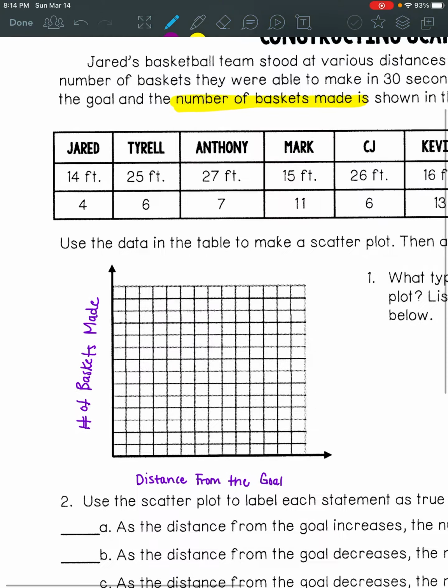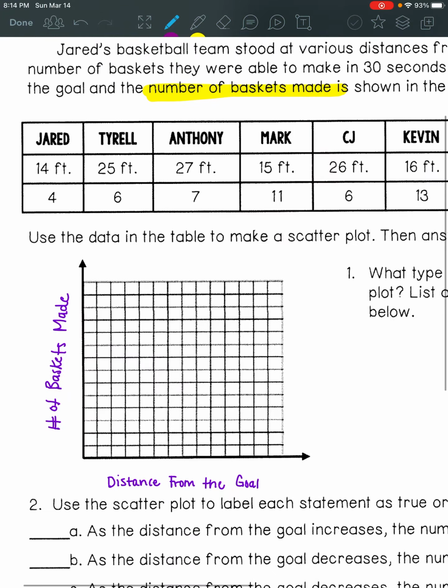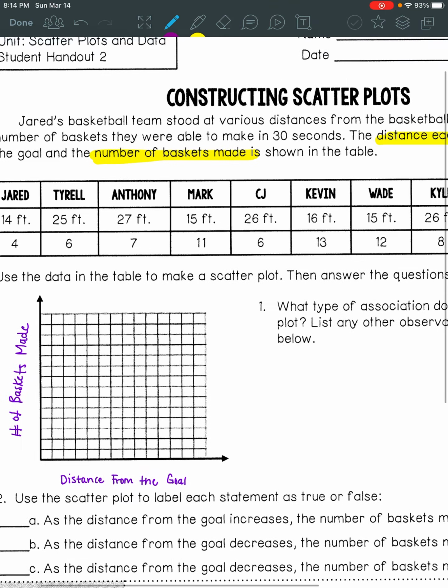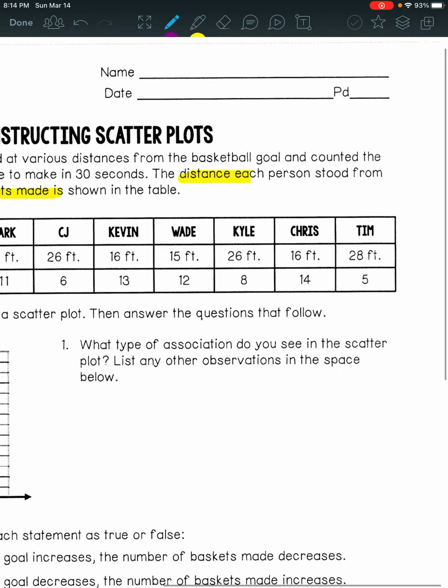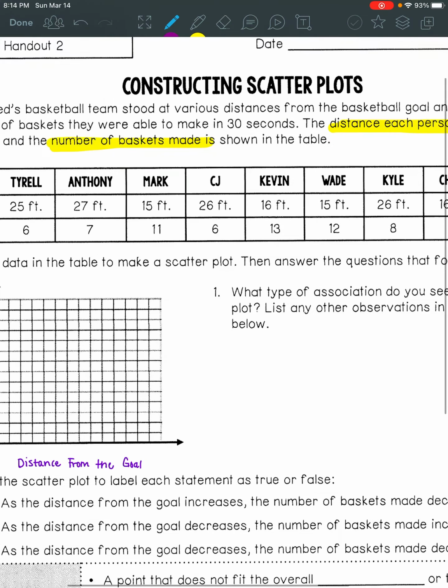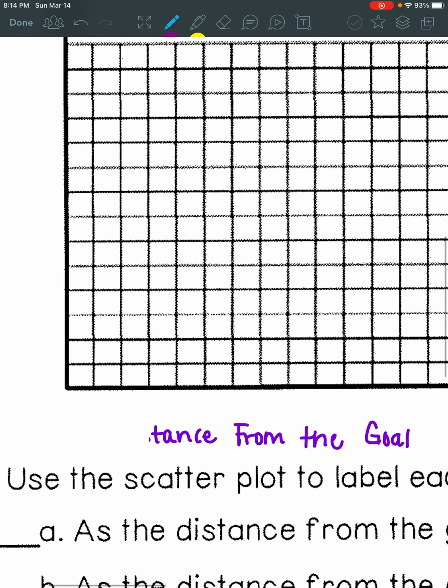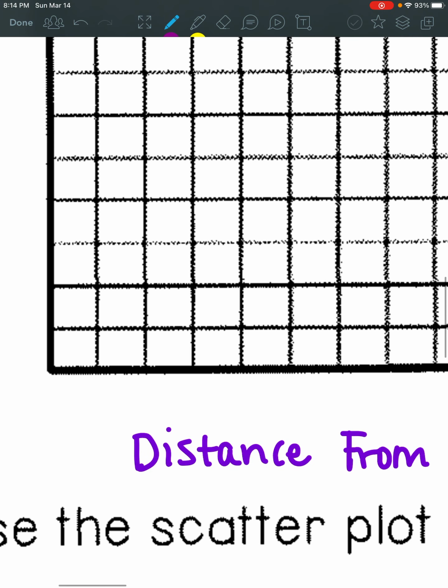Now, like I said, we want to make sure that we use as much of this graph as possible. So on our x-axis, we want to figure out what's the biggest distance that we're standing away. We have a 25, 27, looks like 28 is the biggest. So I'm going to count the number of lines that are here. We have 1, 2, 3, 4, 5, 6, 7, 8, 9, 10, 11, 12, 13, 14. So perfect. If we double it, then it would give us 28.